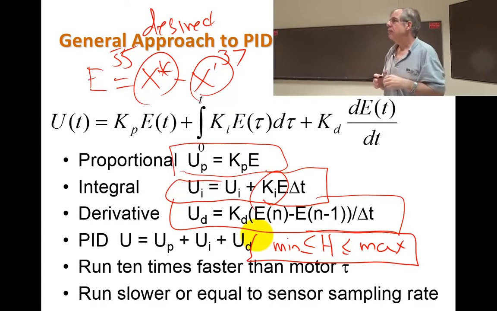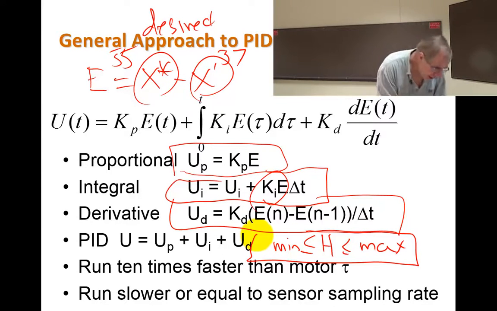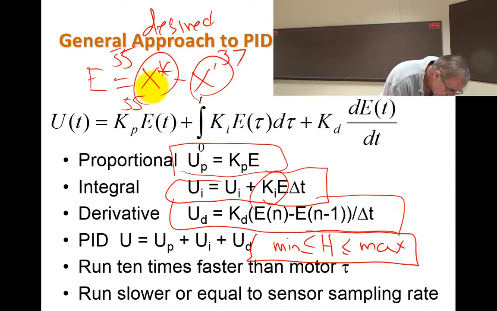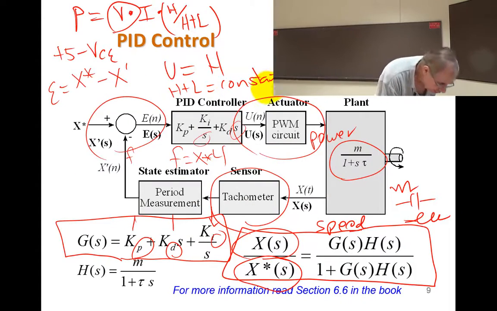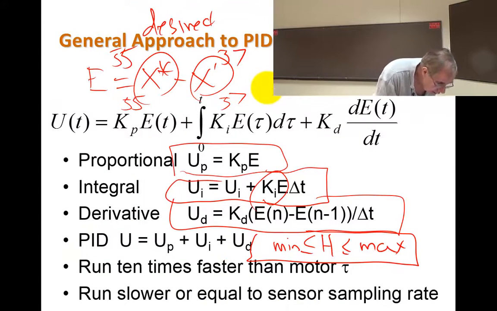Here's another scenario. You're trying to go 55, you're already going 57, but you notice that the error is negative.